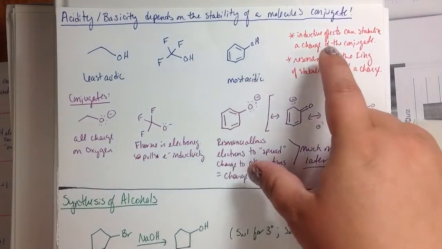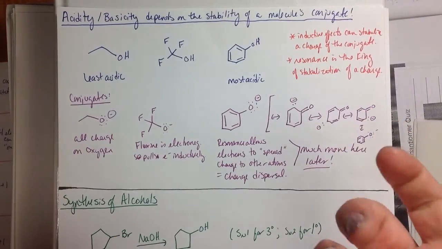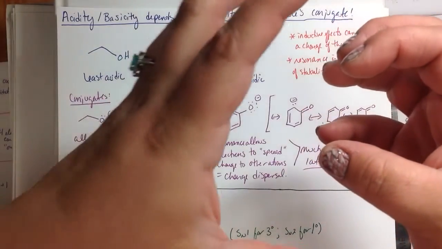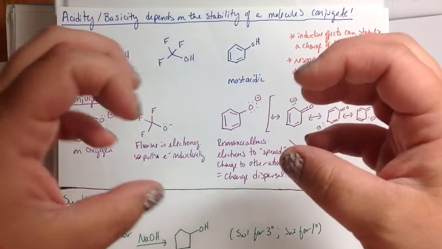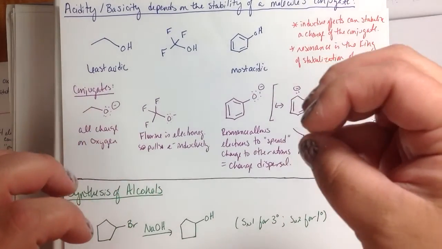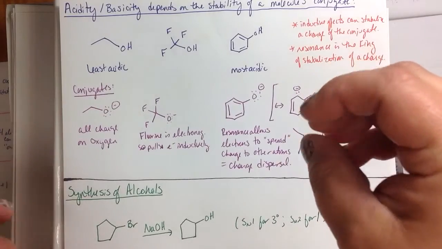You can have stability happen through inductive effects. It's like pulling a tightrope. So you've got somebody that's pulling electrons from the other side towards it. So if you have an electron mass over here, and you've got something pulling electrons over here, it helps stabilize the electrons that are stuck over here, because basically that means that there's not just one atom over here stuck with all that charge, right?